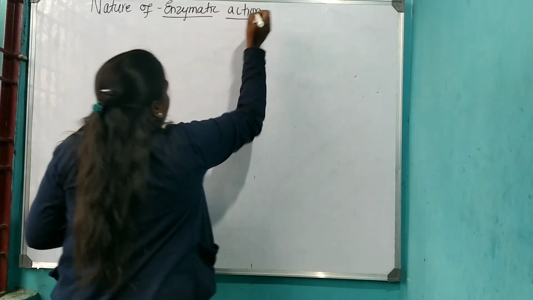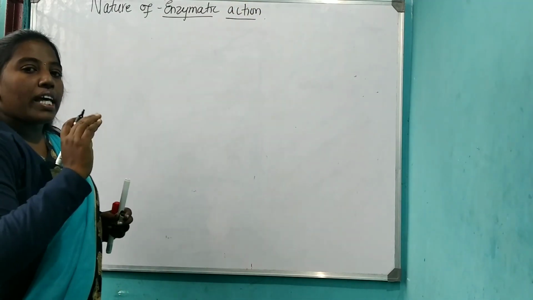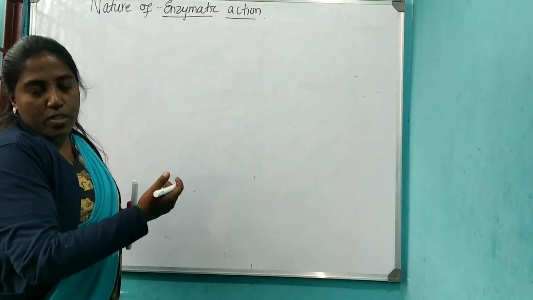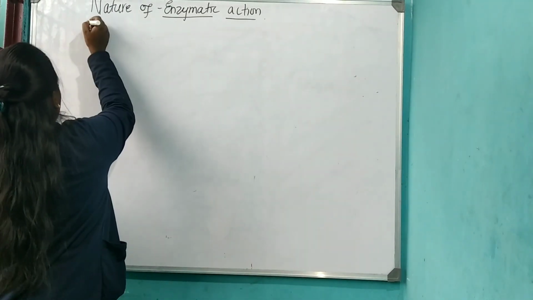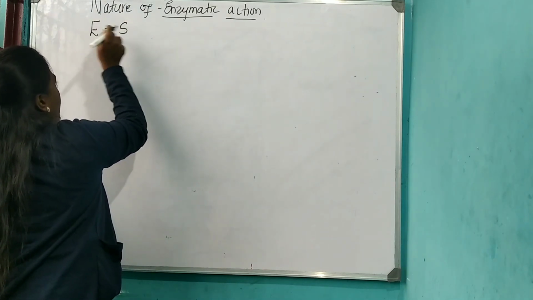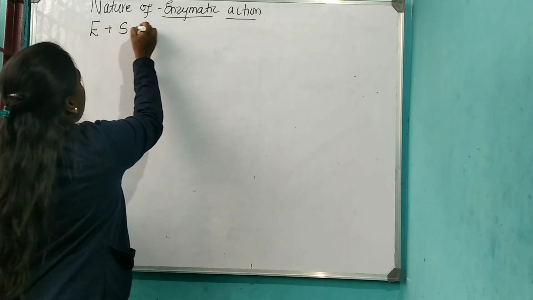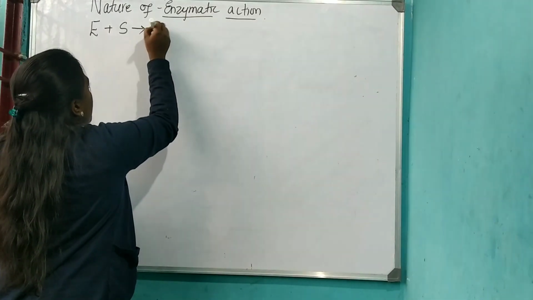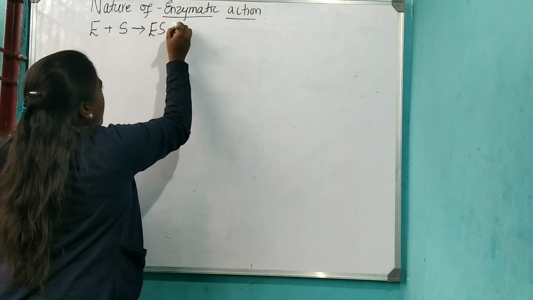Now, as we know, the enzyme combines with the substrate. Our substrate combines with the active site of the enzyme. First, let me write that. The substrate combines with the active site of the enzyme, resulting in the formation of a temporary state called what? Enzyme substrate complex.